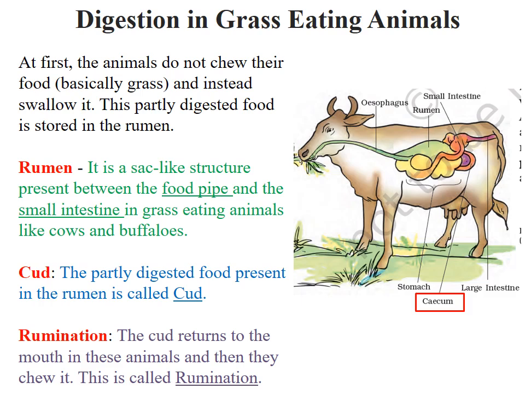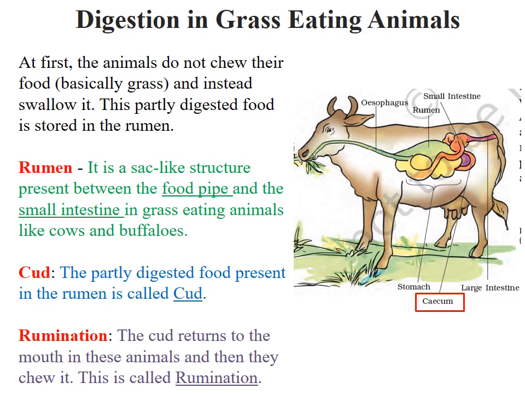First is rumen, second is reticulum, third is omasum, fourth is abomasum. The rumen is the biggest part, and the main digestion takes place there. It is a sac-like structure present between the food pipe and small intestine in grass-eating animals like cows and buffaloes.